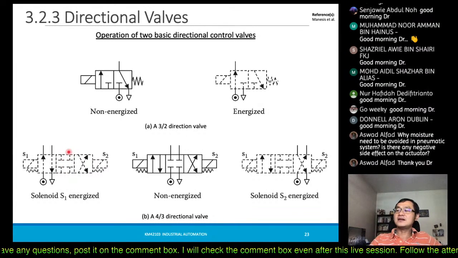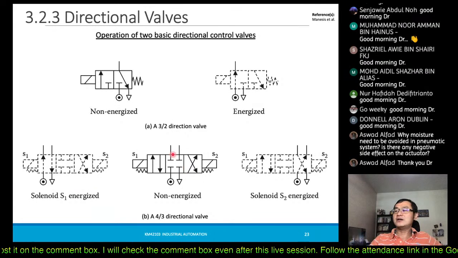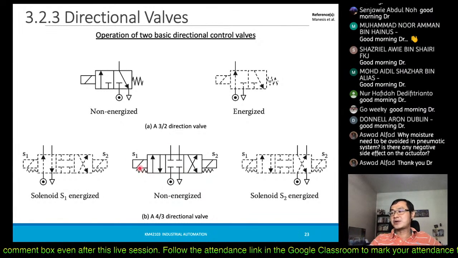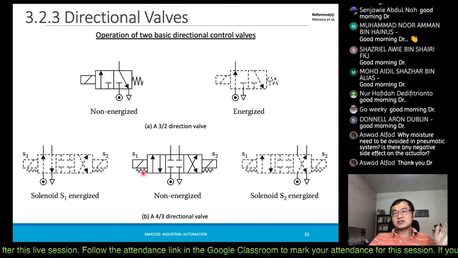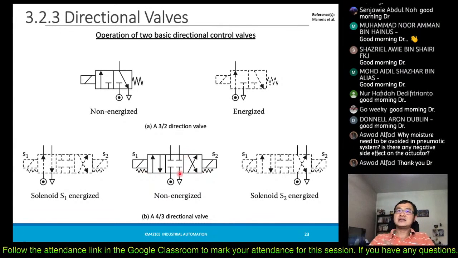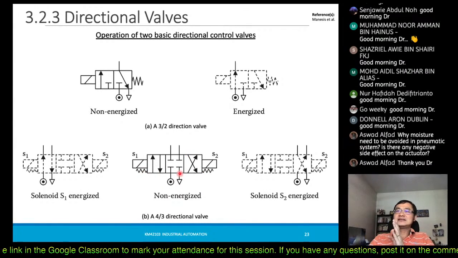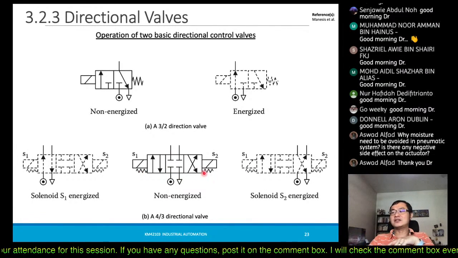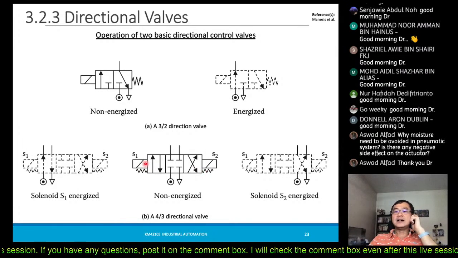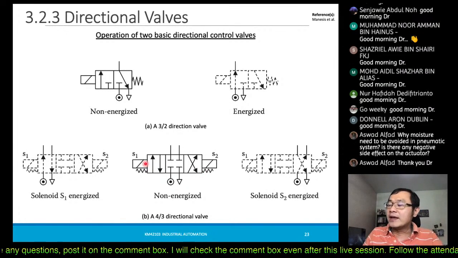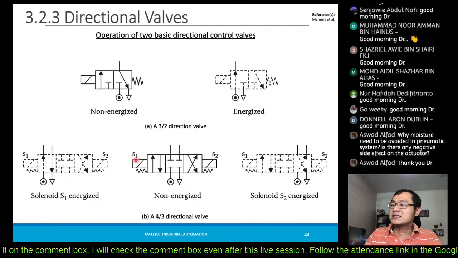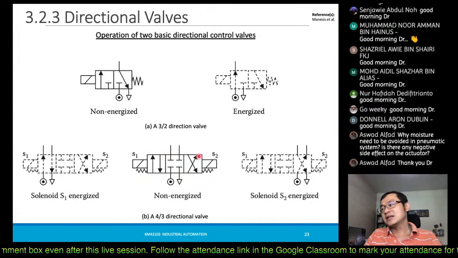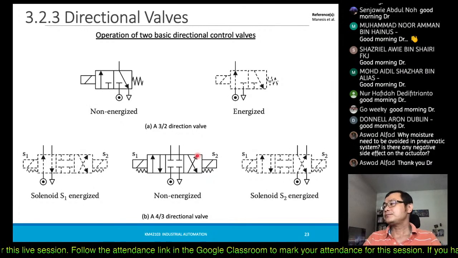They may have normally open, okay, when non-energized is in this way, because there is a spring over here, okay. It will always go back to the non-energized state because of the action of the spring itself, okay. Now when we energize the correct solenoid, then it will activate the correct state of it.